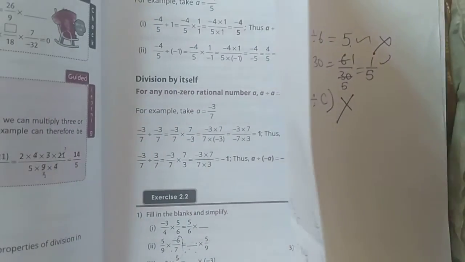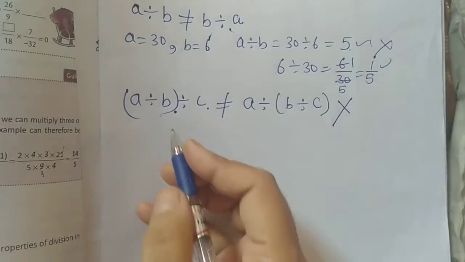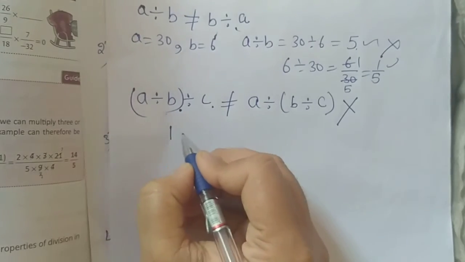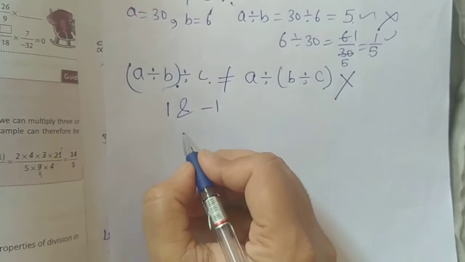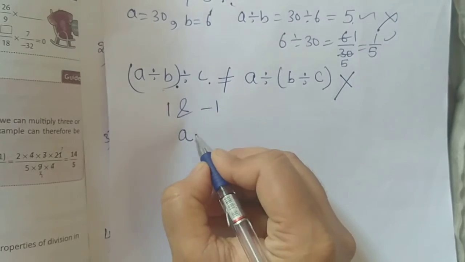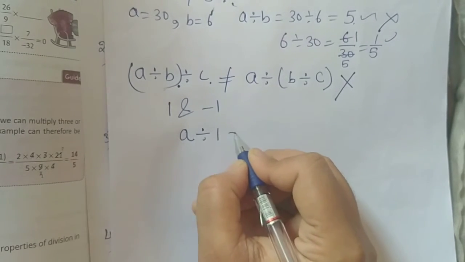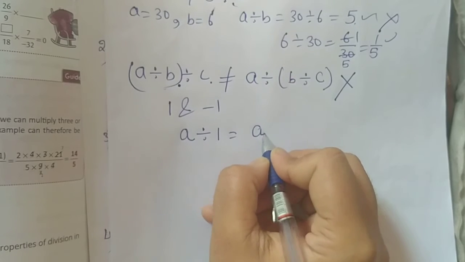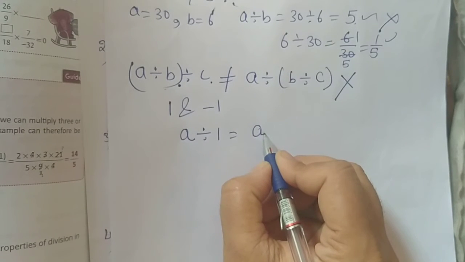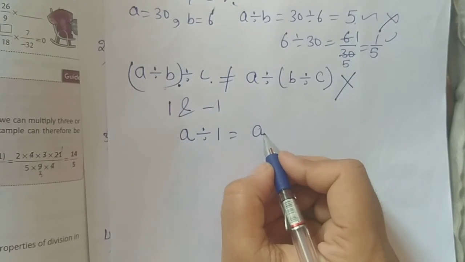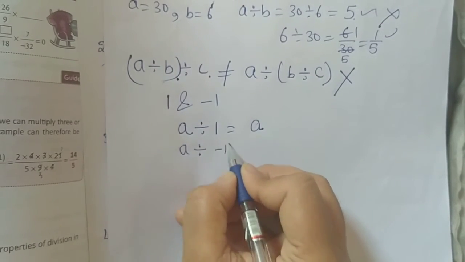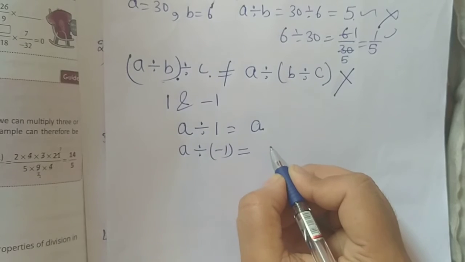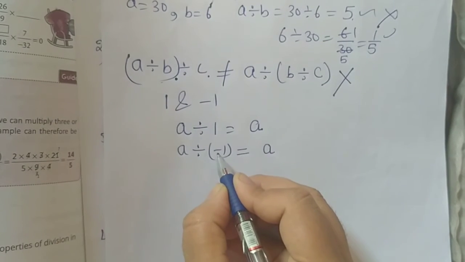Now the property of 1 and minus 1. Suppose we have a rational number a. If we divide it by 1, we will get the same rational number. But if we divide it by minus 1, then we will get the same number, but with a negative sign.